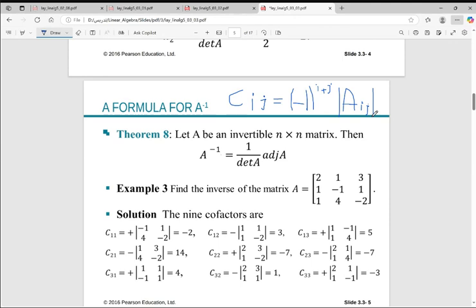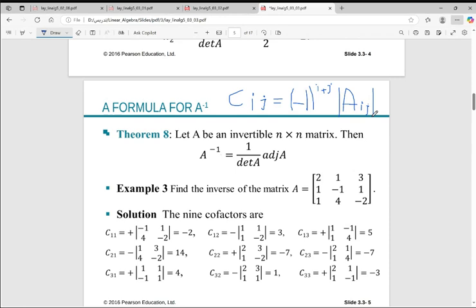So I wrote here what Cij is. Cij equals -1 to the power of i plus j times the determinant of capital Aij.